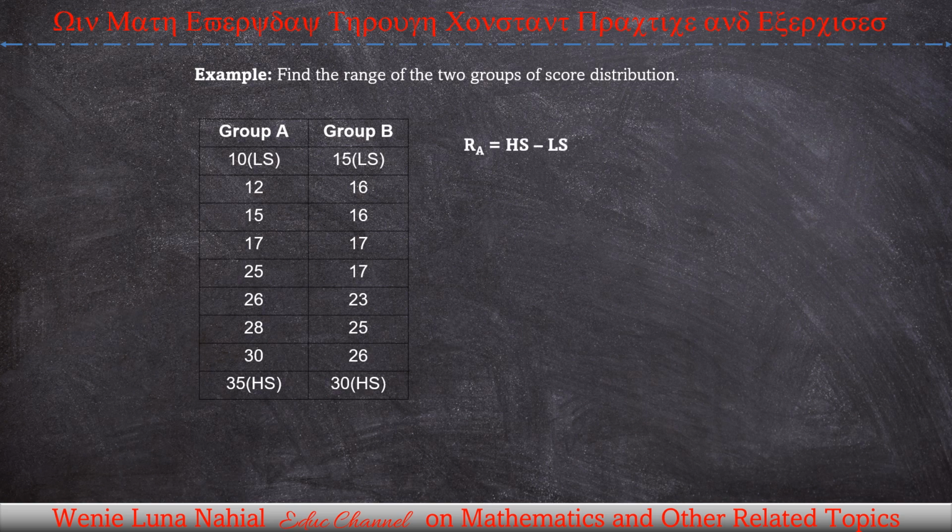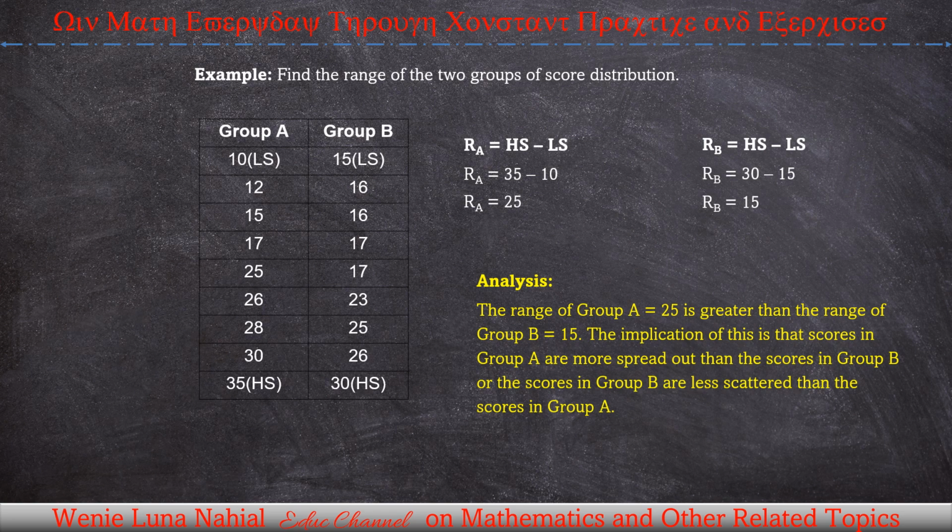So for Group A, the range is 35 minus 10, and that is equal to 25. For Group B, we have 30 minus 15, that is equal to 15.